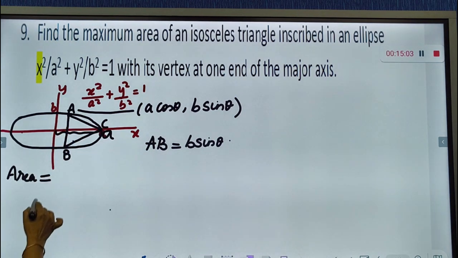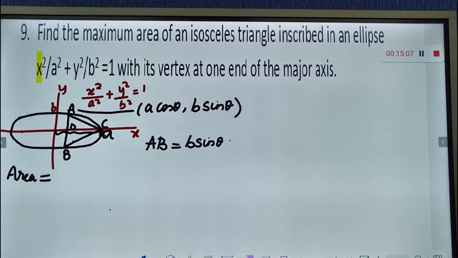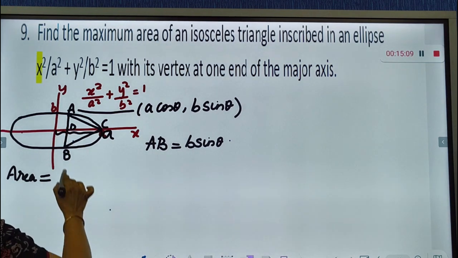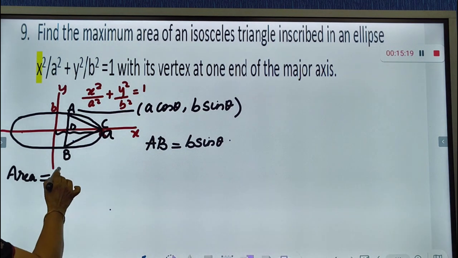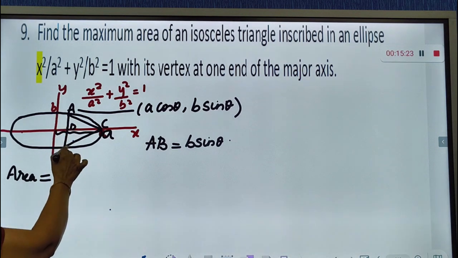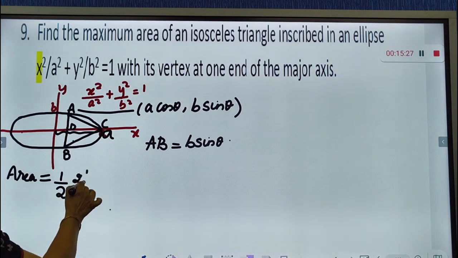Suppose I call it D. What is that coordinate? This horizontal distance is A cos theta. So what will be the x coordinate of D? A minus A cos theta. So the area will be half into base into height. Base we know is 2b sin theta.